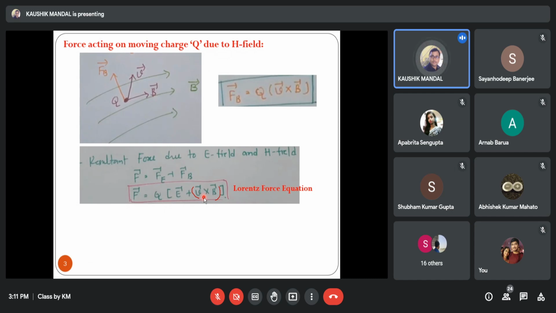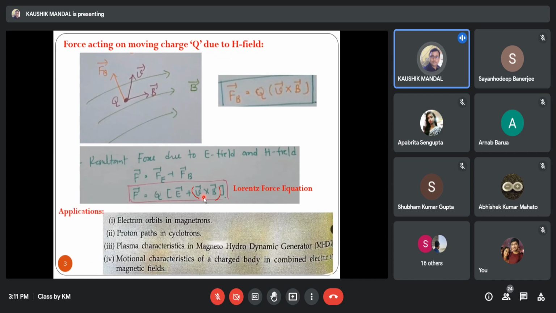Now, what are the applications of this Lorentz force equation? That is very important in electricity and magnetism. With this equation, you can easily determine the orbits of the electron in a magnetron. You can find the paths of the proton in cyclotrons.